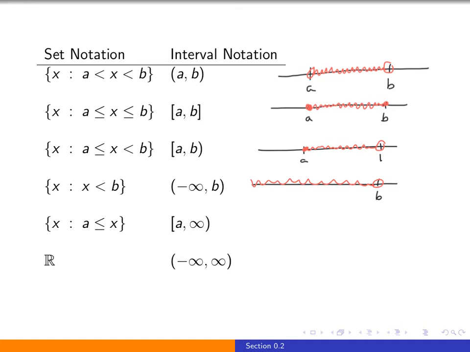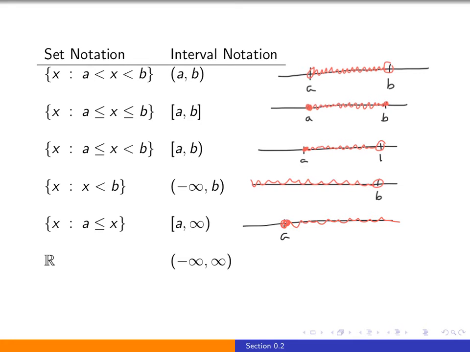Likewise, if we have all x values such that a is less than or equal to x, so that would be closed at a going to infinity. So in this case, the a would be included, so closed circle, and everything to the right.